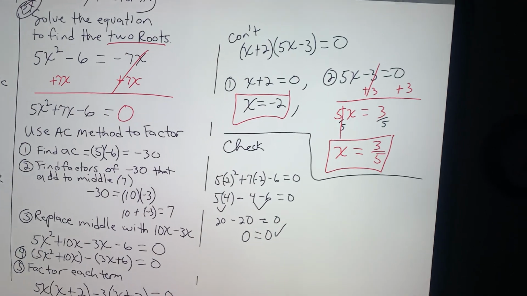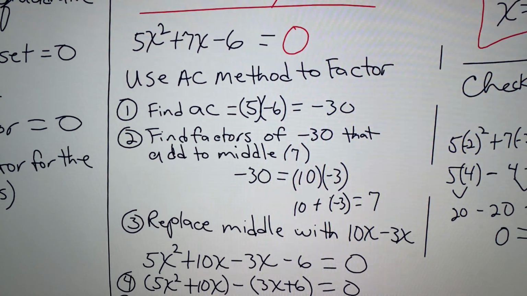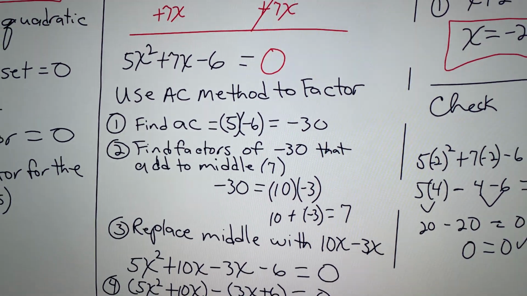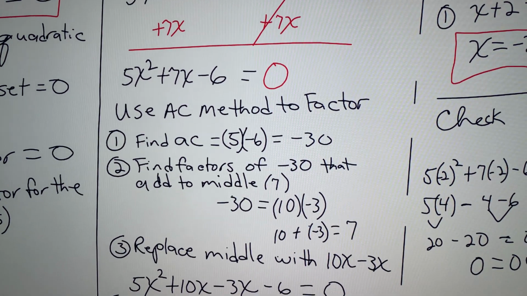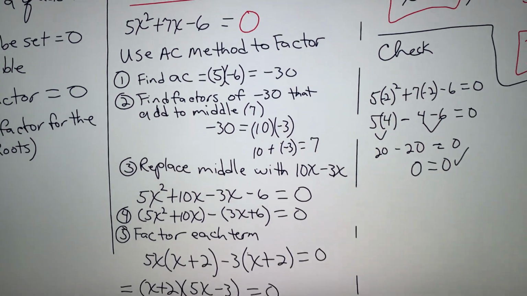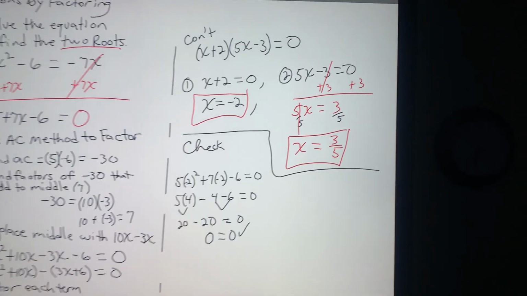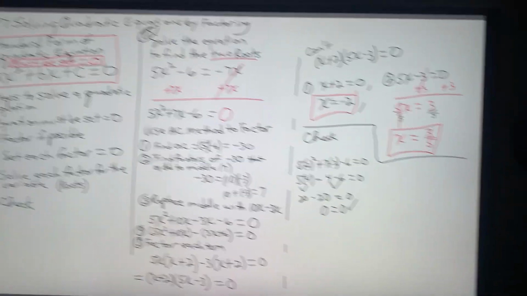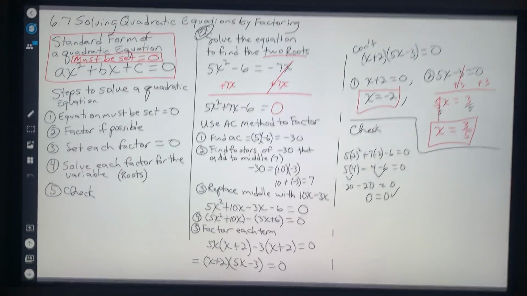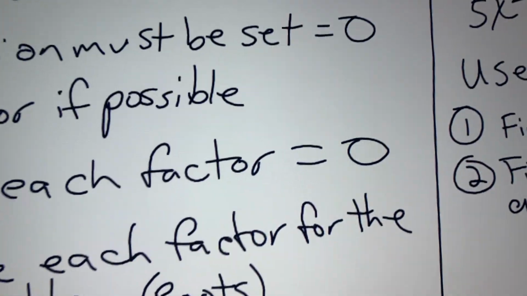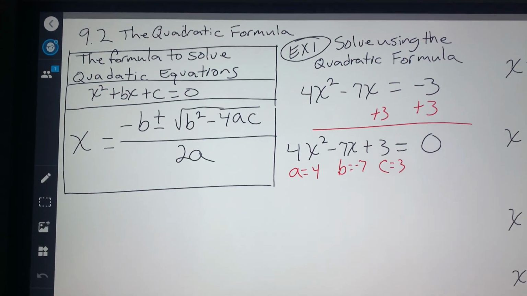And then of course you want to go back and check them. So we used the AC method with this. The AC method was the last method that we talked about. So we used the AC method after we set it equal to 0 to get the two factors. And then we were able to get the two roots.